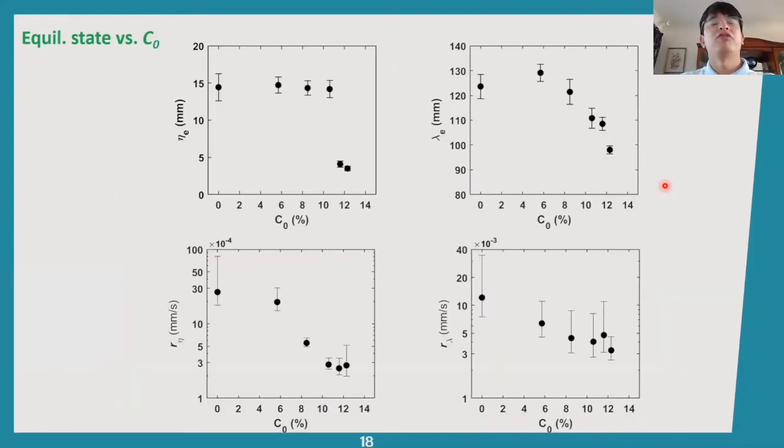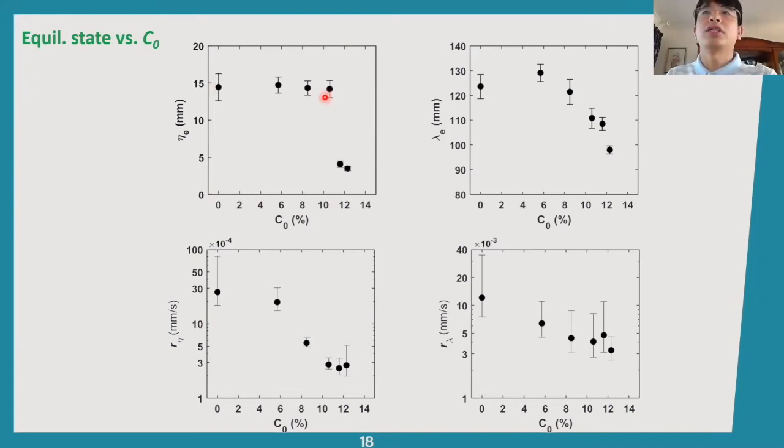And this plot shows the relationship between the equilibrium state and the initial clay content. The top left shows the equilibrium ripple height as a function of the initial clay content. As you can see, with the initial clay content below 10.6%, the ripple height was independent of the initial clay content.